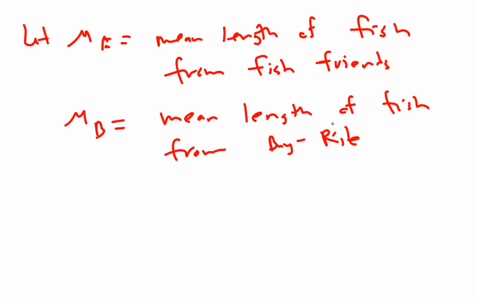And then your hypotheses are, well, based on what they said in the problem, the manager suspected that Fish Friends had bigger fish. So usually when you write your null hypothesis, you try and indicate that there's no difference, that one's not better than the other. We would write that by saying that the mean for Fish Friends minus the mean for Buy Right was equal to 0.